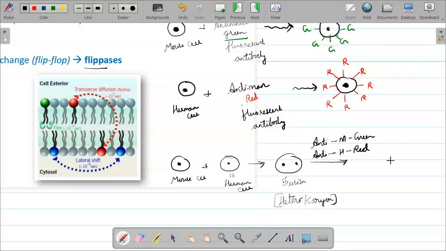So what they observed is that half of them were able to give you green, half of them were able to give you red. When you look at the plasma membrane, half of the cell was green and half was red.